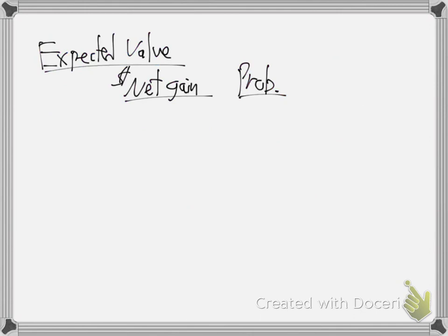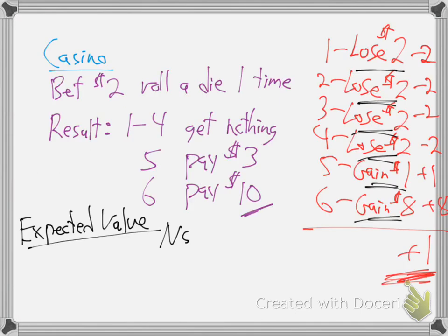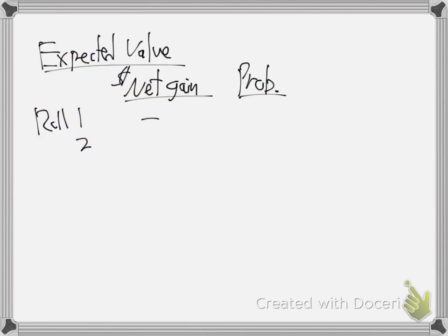If we roll 1 through 4, any of those, we're going to lose $2, aren't we? If we roll 1, 2, 3, or 4, we lose $2, negative to our bank account.